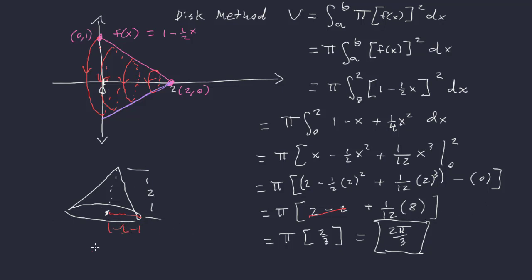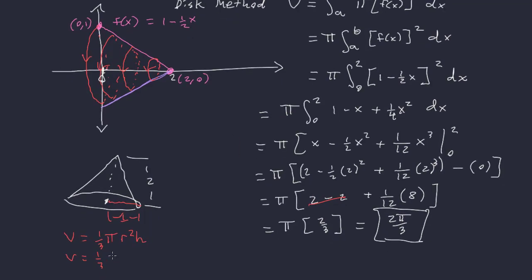So if we remember what the volume of a cone is, it's 1/3 pi r squared times h. So if we put these values into our volume, it's going to be 1/3 pi r squared, so that'll be 1 squared, times h, which is 2, which when we simplify comes out to be 2/3 pi, which is exactly what we got here.